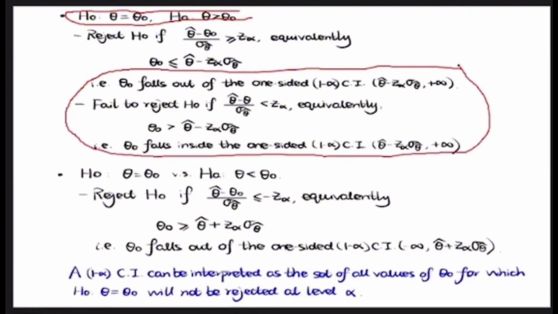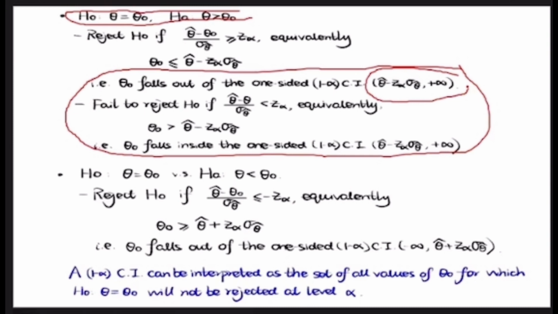For the upper test, the corresponding confidence interval is the one that goes from the lower bound to infinity. You remember we did that before. From lower bound to infinity, that corresponds to an upper test.